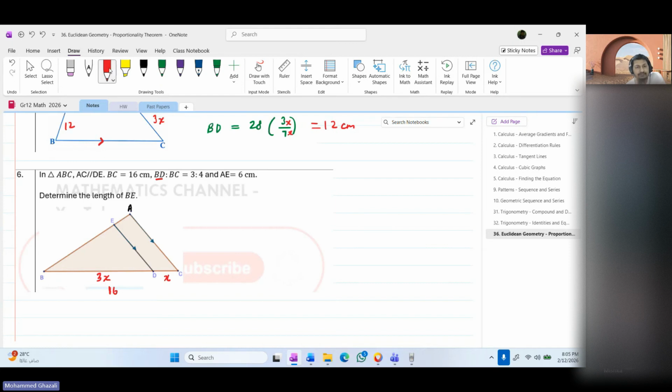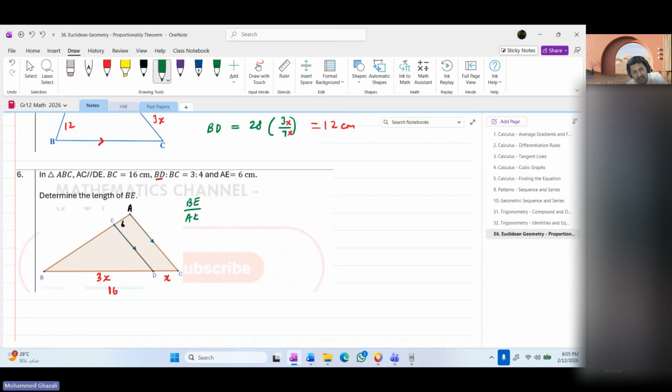That makes sense, right? And now AE is equal to 6. The distance AE is 6 centimeters. Determine the length of BE. Now we want the top distance, so BE over AE.